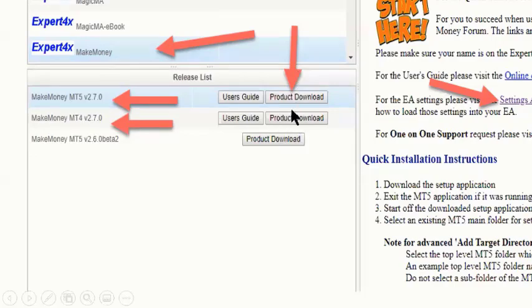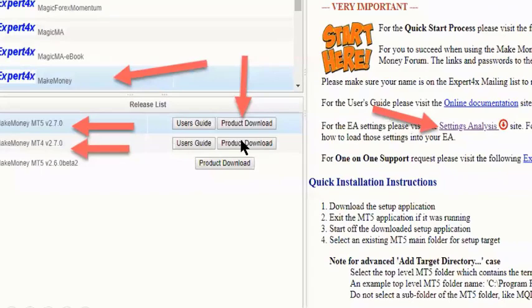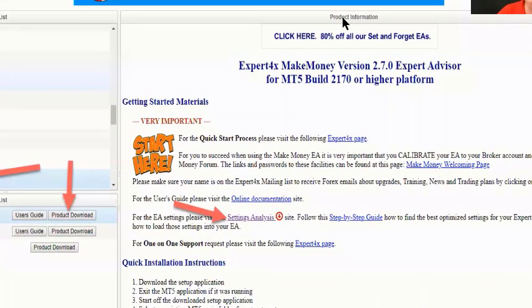But the most important area is where people ignore. They ignore the product information section. I can't tell you the number, and it's a high number, of people that clearly don't read the product information section at all.